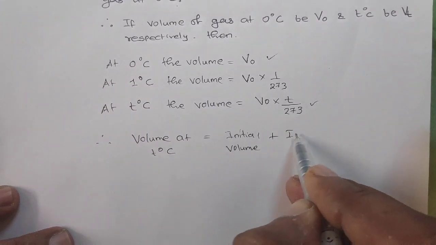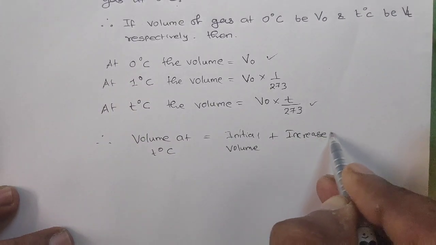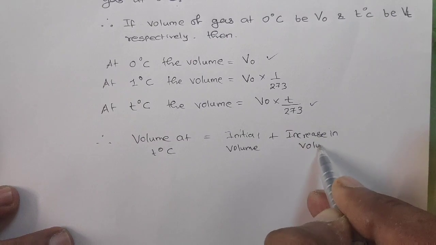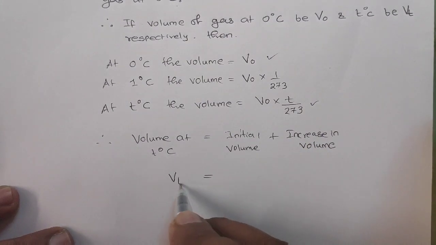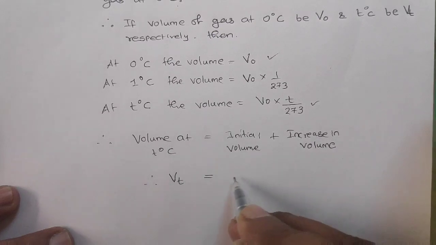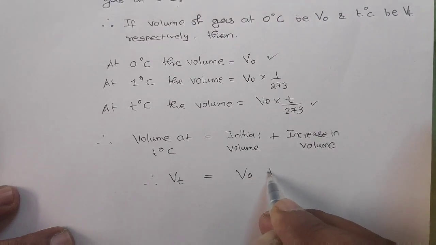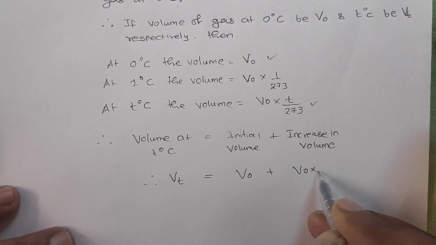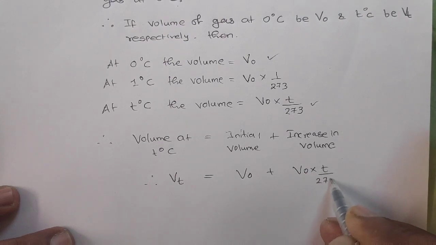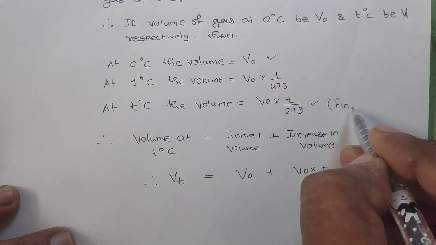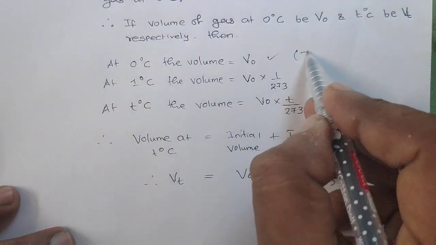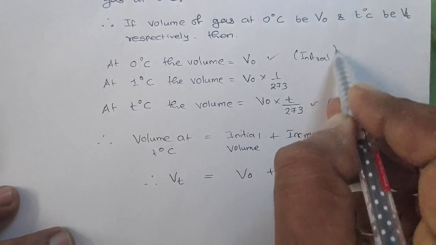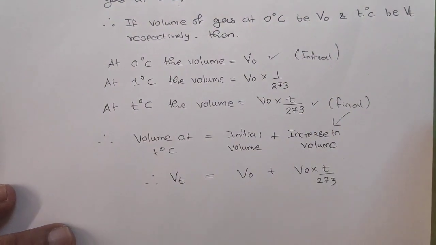So Vt will be equal to V0 plus V0 into T by 273, where V0 into T by 273 is the increase in volume and V0 is the initial volume. So we got a relation like this.